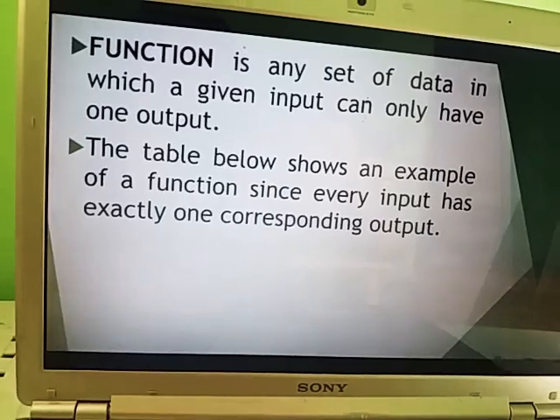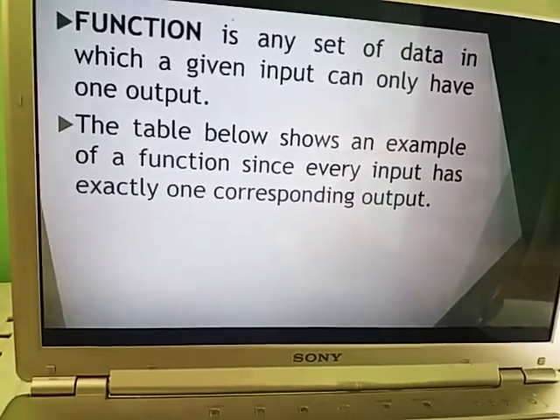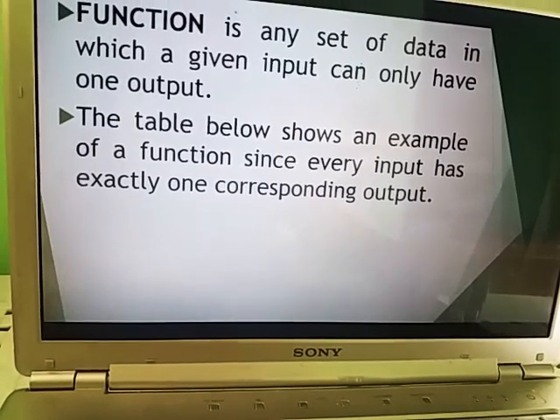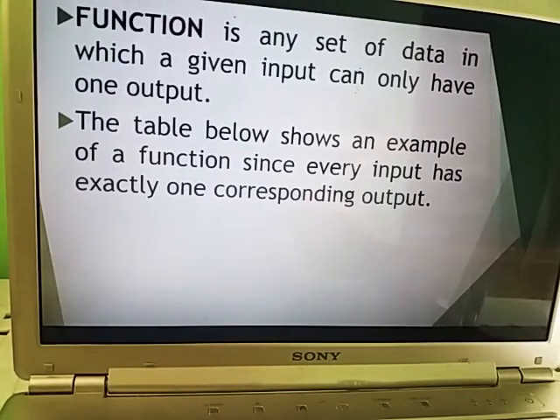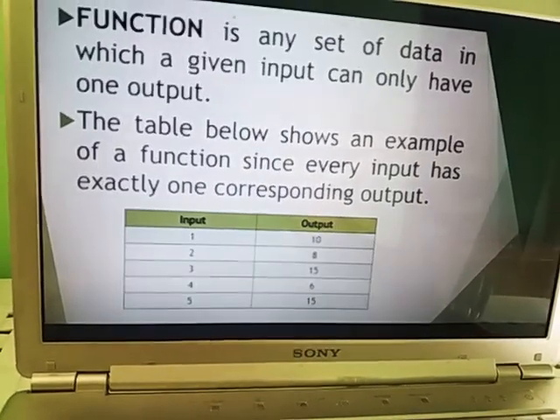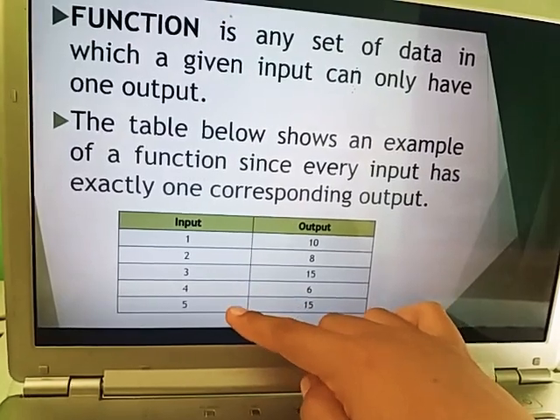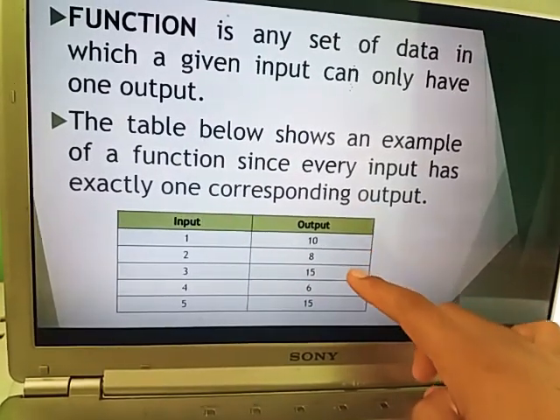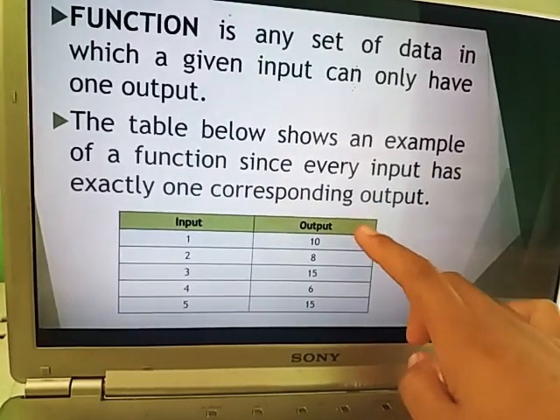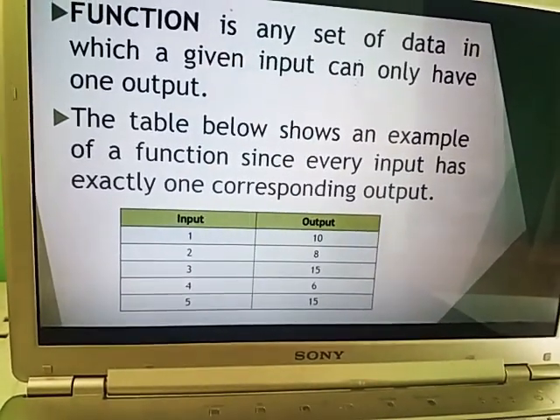So the table below shows an example of a function since every input has exactly one corresponding output. So we have here your inputs 1, 2, 3, 4, and 5, and the outputs are 10, 8, 15, 6, and 15.